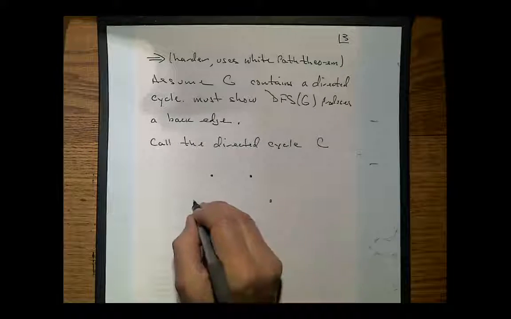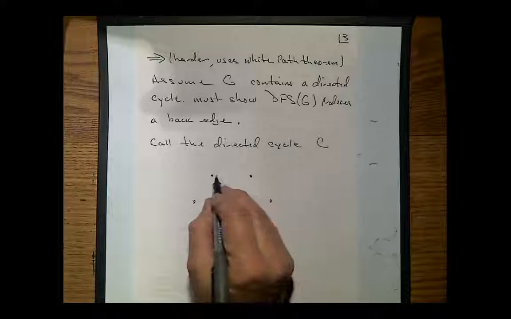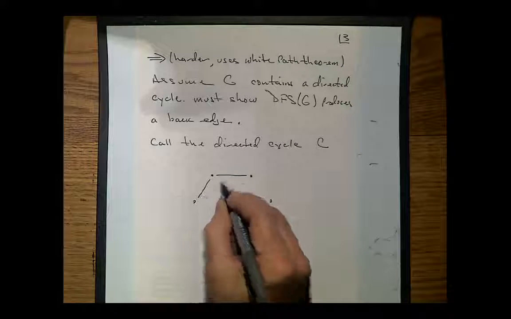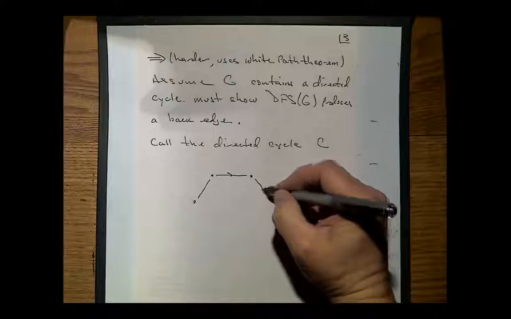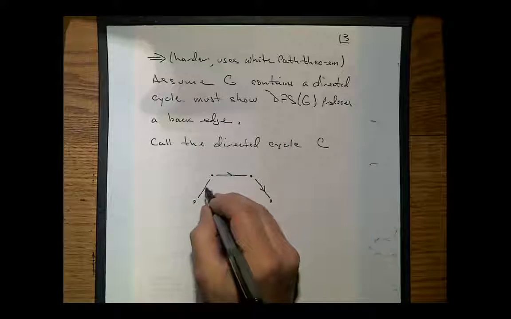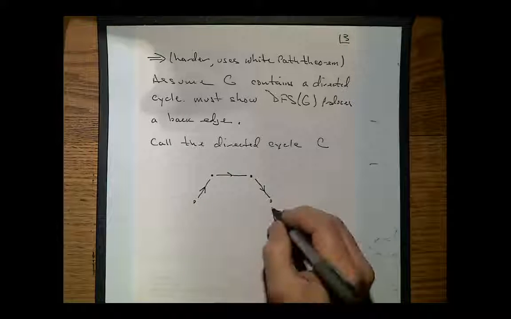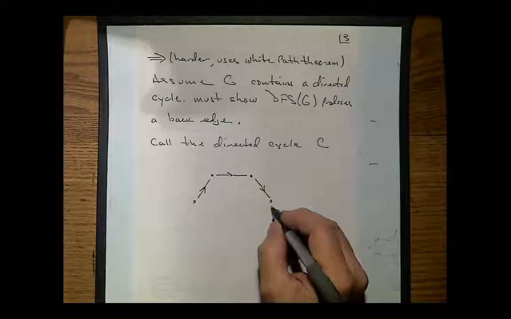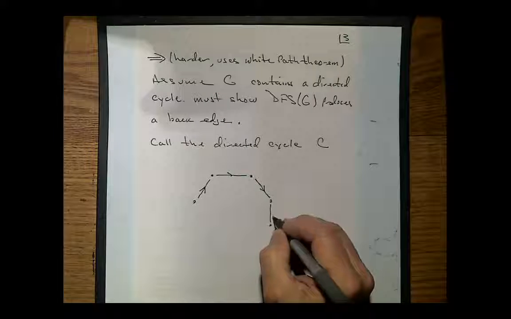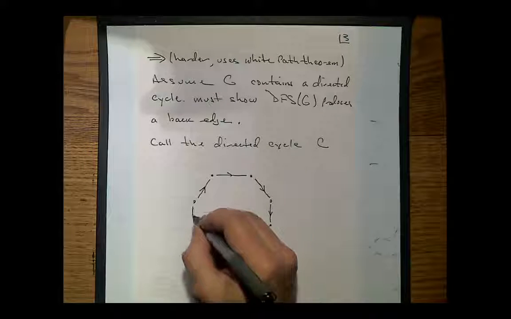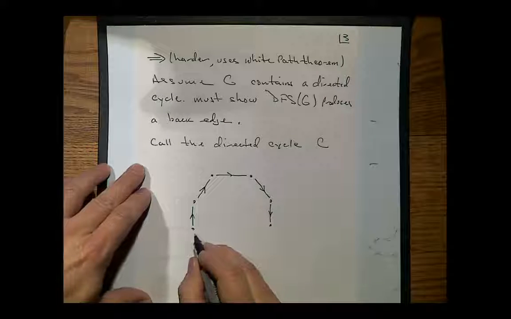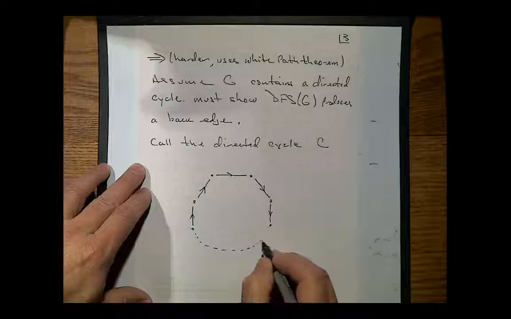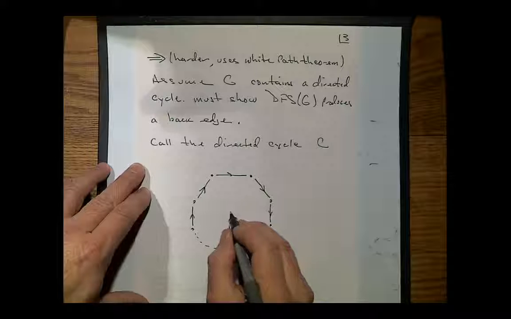So we have some directed edges, and I won't try to draw the whole thing, because I don't want to make any assumption as to how long this cycle is. But there is some way to go all the way around. Here's the directed cycle. It is C.